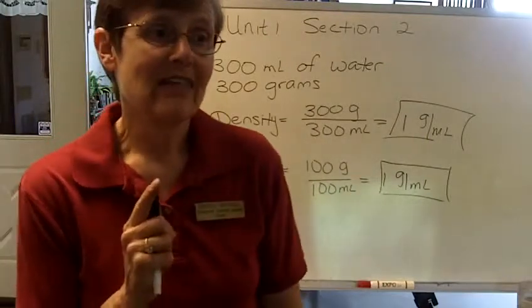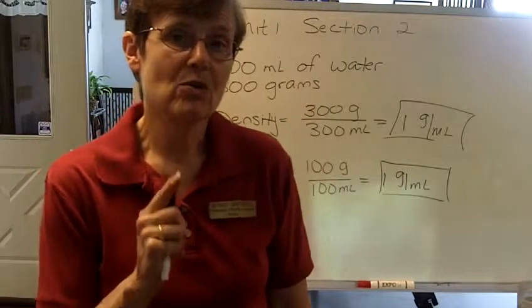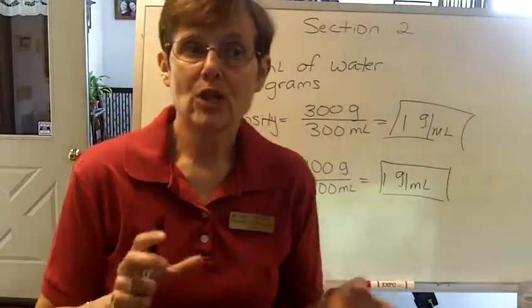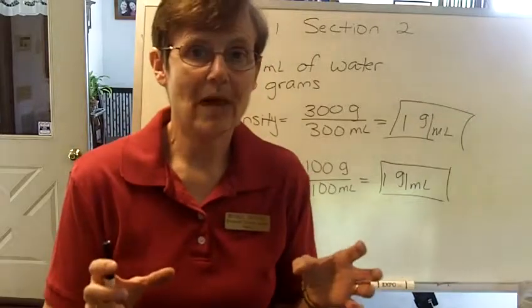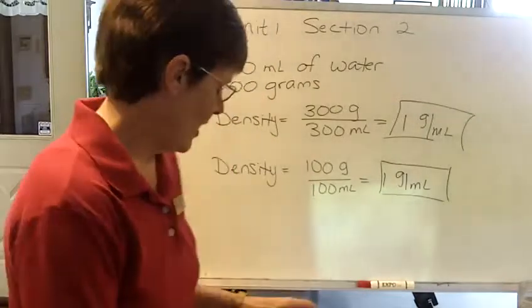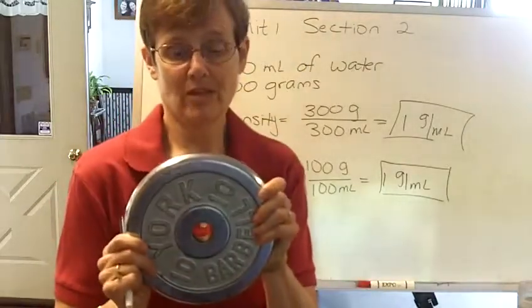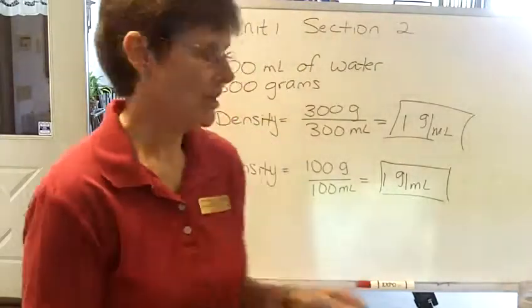So that means that it's a way we can use to identify an unknown material. So let's say I have 2 chunks of shiny metal, and one of them, so here's some shiny metal that's actually iron, and this is pretty heavy.